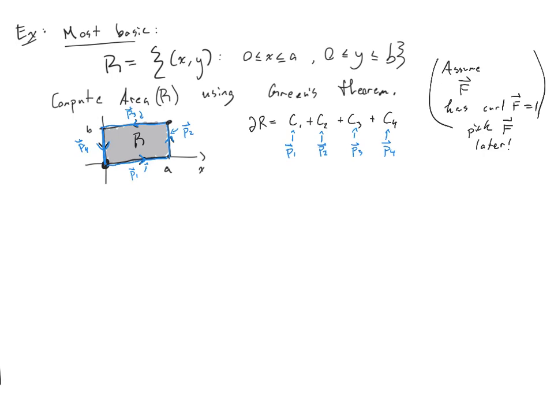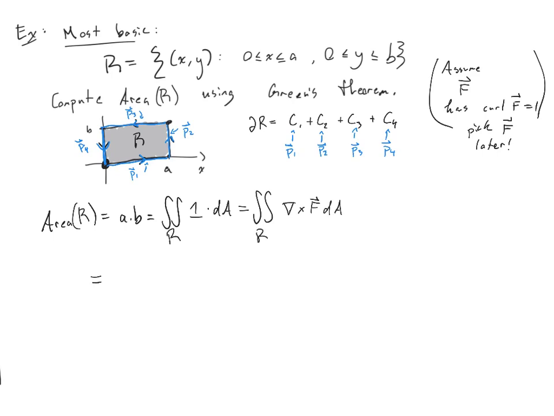So the way I see this, the area of R, which I know is a times b, I know I'm going to get that as my answer, but let's make sure we can get there with integrals. That would be the double integral of 1 dA over R, which is this secret double integral of my scalar curl.